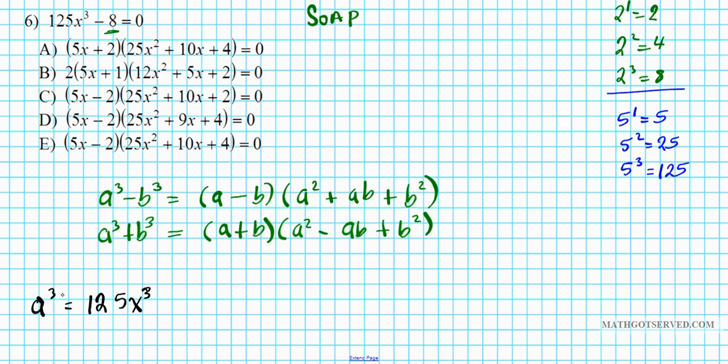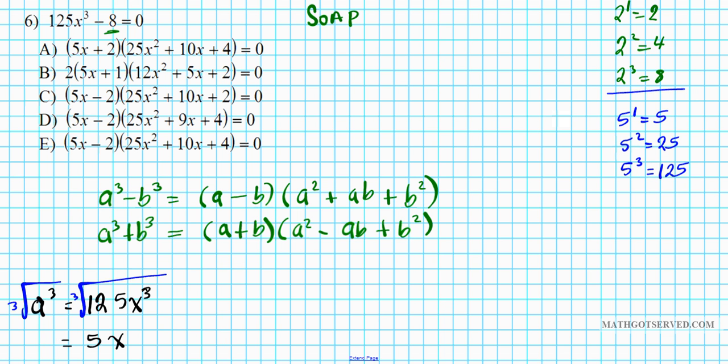The inverse of cube is cube root, so we take the cube root of both sides. So the cube root of a cubed is a. The cube root of 125, remember we talked about 5 to the third power is 125. So it follows that the cube root of 125 is what? 5. And x to the third raised to the 1/3 power, the cube root of x to the third, is just x. So that's our a right there.